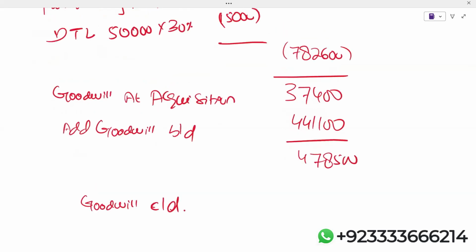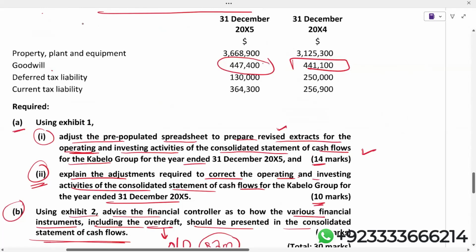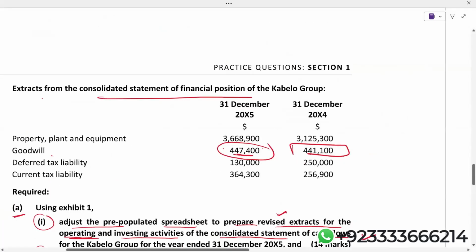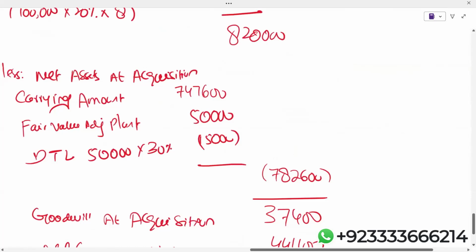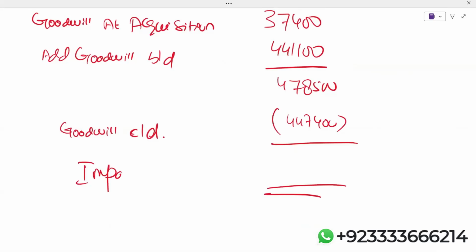Goodwill CD, let's go back, is 4,47,400. Here comes the impairment loss. That will be added to the operating profit: 31,100.